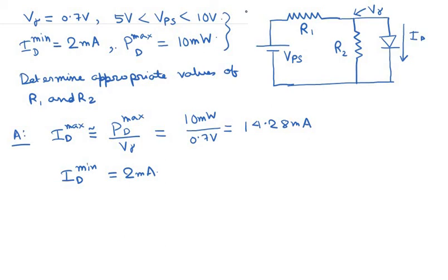Okay, so we are required to find values of R1 and R2 that satisfy these two conditions. If the diode is in a conducting state, the voltage at this point is V gamma. This we already know. Now, when is the current through the diode maximum? ID is maximum when this current I1 is maximum and I2 is minimum.